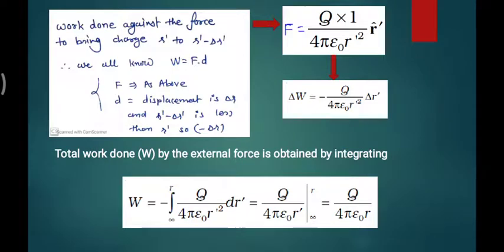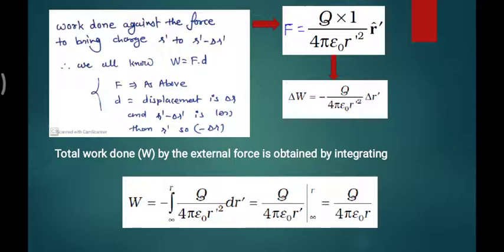So your final result is Q upon 4 pi epsilon 0 times 1 upon r prime, and you need to put the limits. If you are doing this in your page from the calculation point of view, Q upon 4 pi epsilon 0 outside the square bracket, 1 upon r minus 1 upon infinity. 1 upon infinity is 0, so only Q upon 4 pi epsilon 0 r is left.